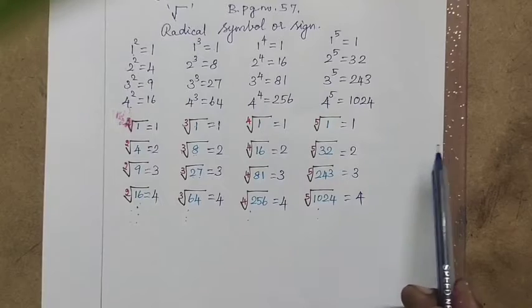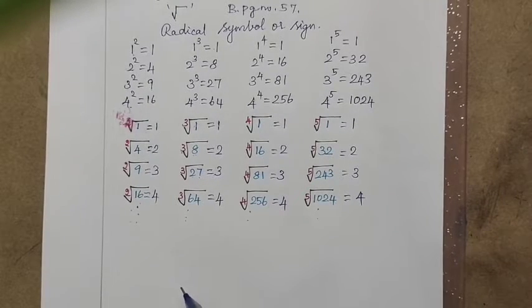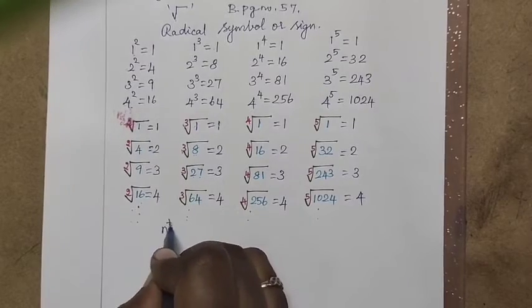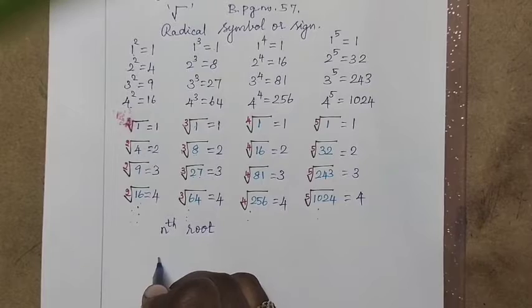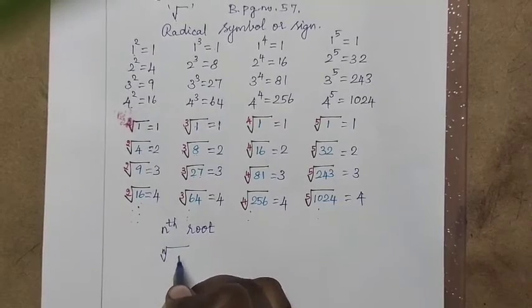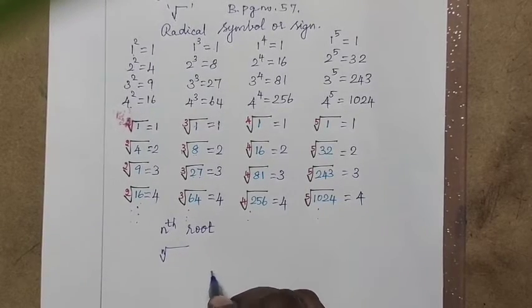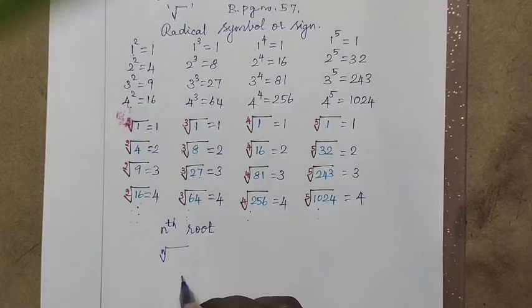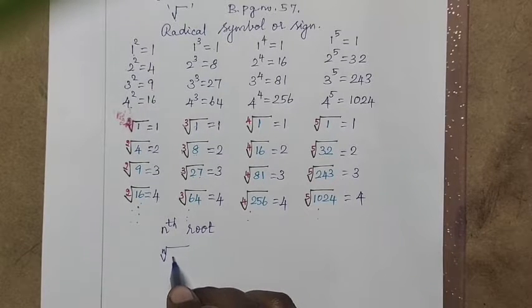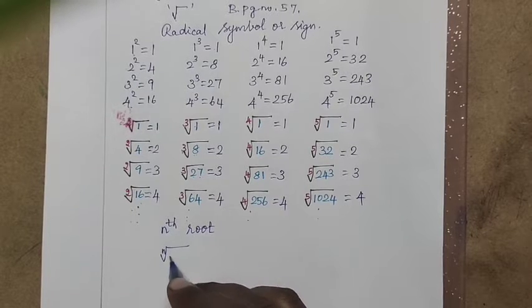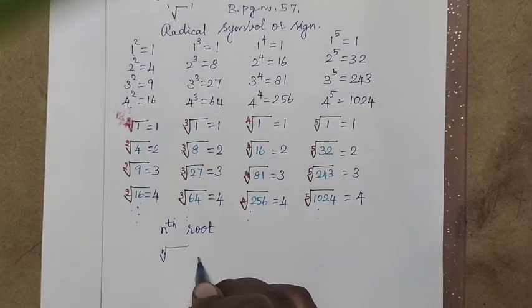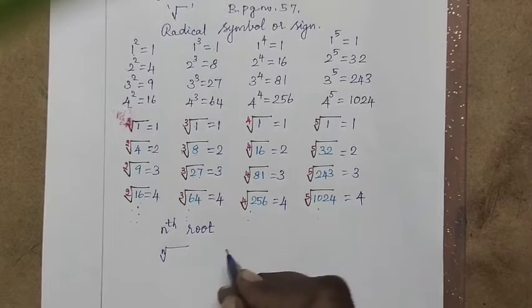If we go to sixth root, seventh root, like that, if we extend, at last we will get nth root. We write it as nth root. Okay, it is given in your book, page number 57. Nth root, like that you have to read.